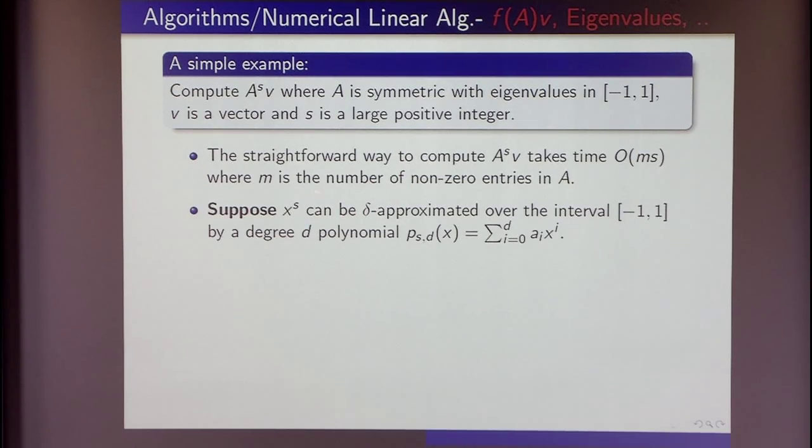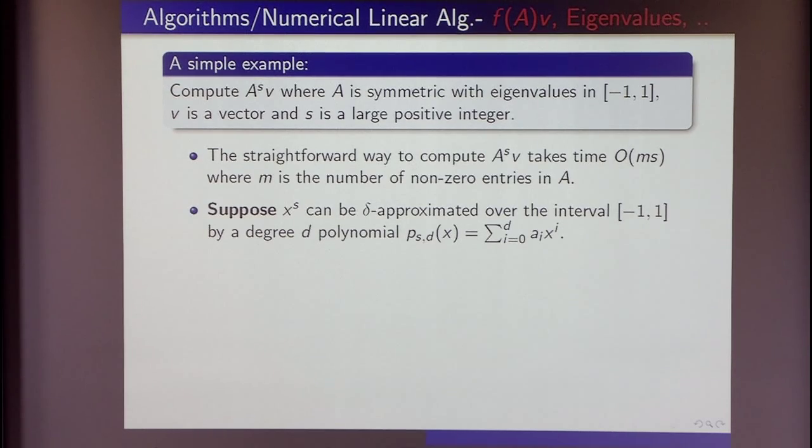Now suppose this very basic function x to the s can be approximated up to an error of delta over the entire interval by some polynomial which has degree d. So d is the degree of the polynomial, and the polynomial is given to you as a bunch of coefficients. If you're seeing these things for the first time, you would say this is not possible. This is as simple as it gets. How can you reduce the degree here?